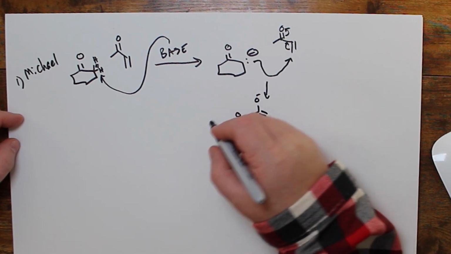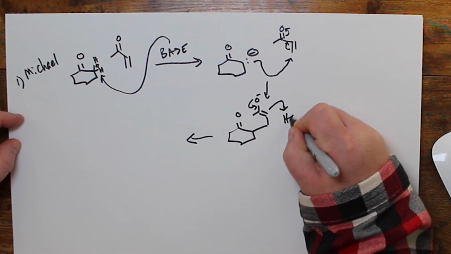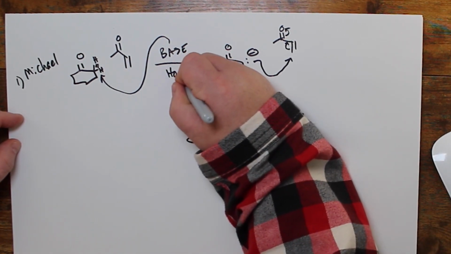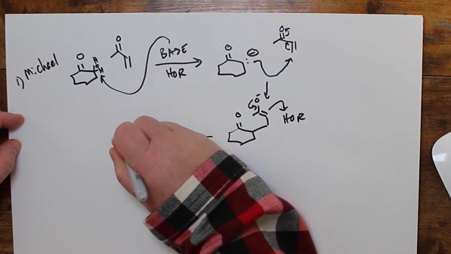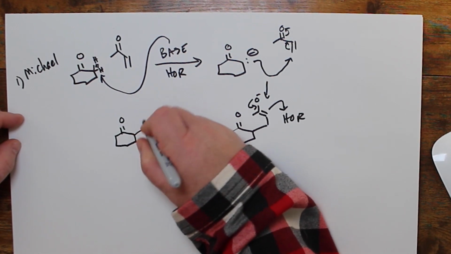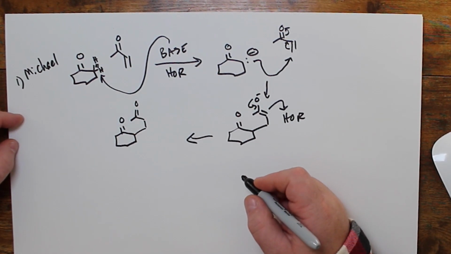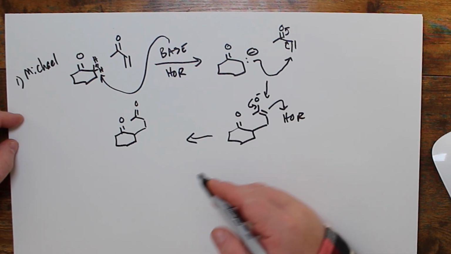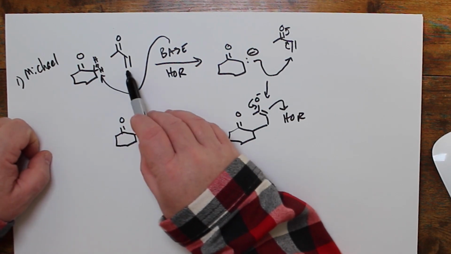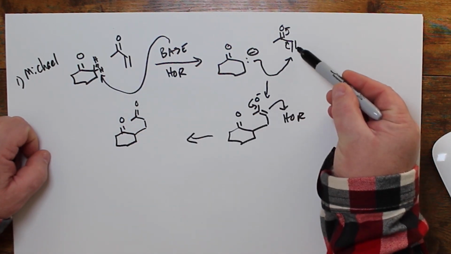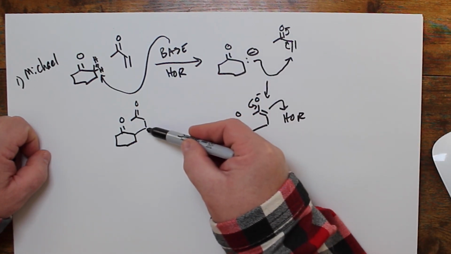Then the electrons come back down and they grab a proton off of my solvent, often an alcohol, and we would make this compound. We could jump there a little faster when we realize that this carbon attacks that one. That double bond just becomes a single bond, and I have this attached to that with a single bond right here. This is the Michael addition.